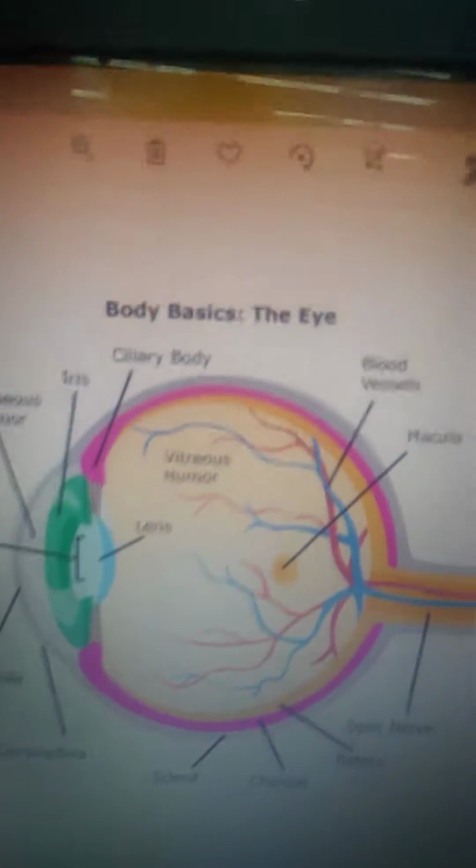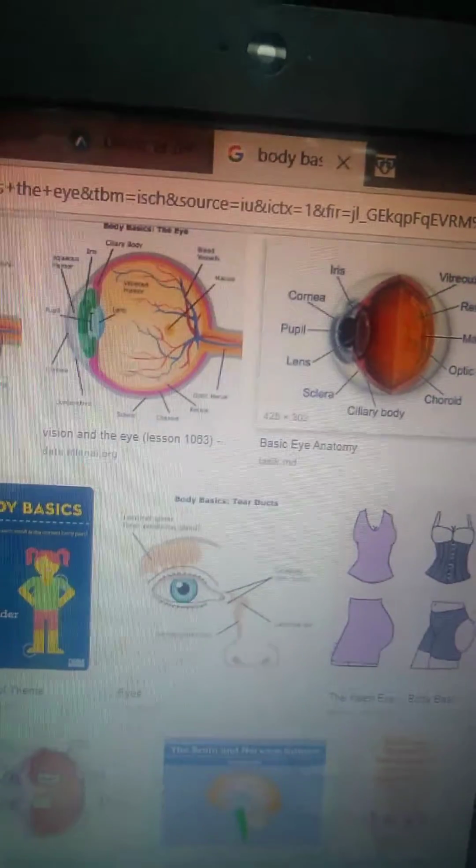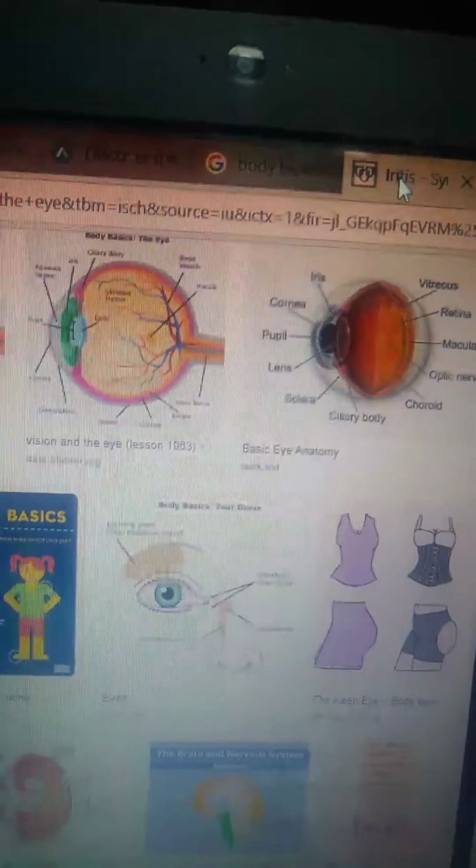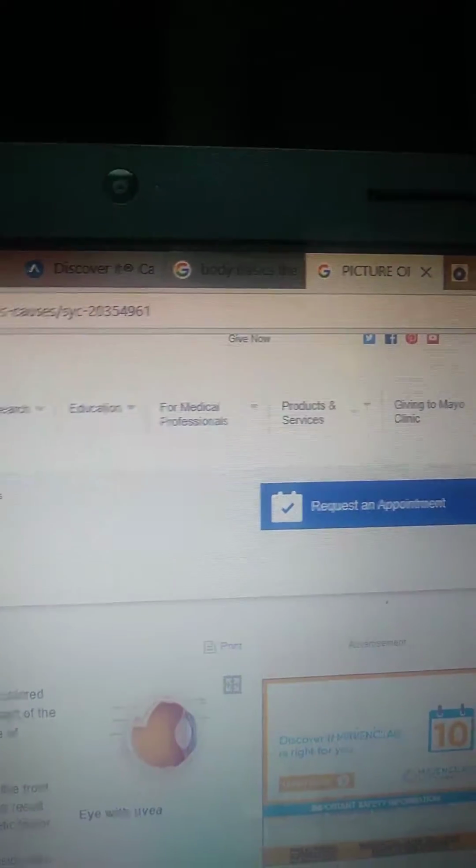Okay, now we're gonna close this up and we'll go to another part. I didn't mean to close that all the way. Okay, let's go to an overview. Yeah, there we go. So this is how some of the symptoms of the eye look.